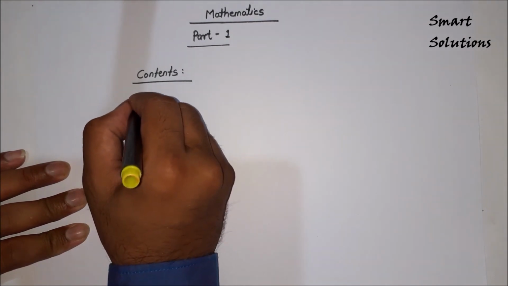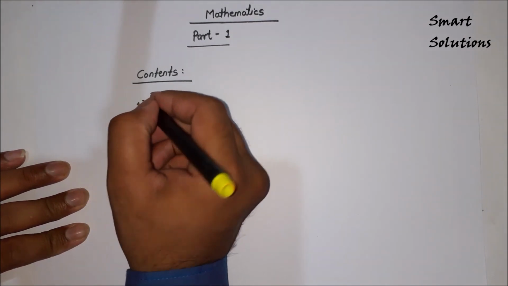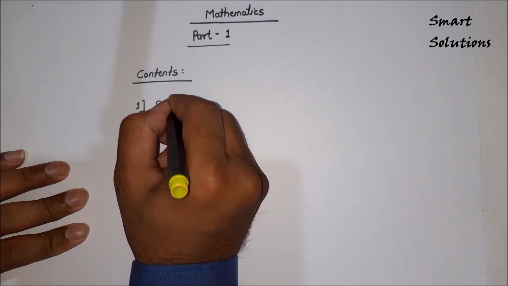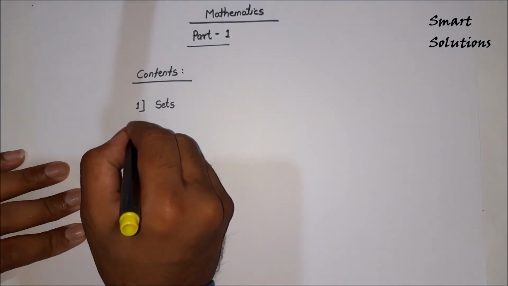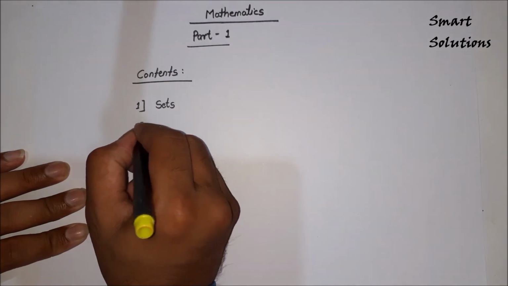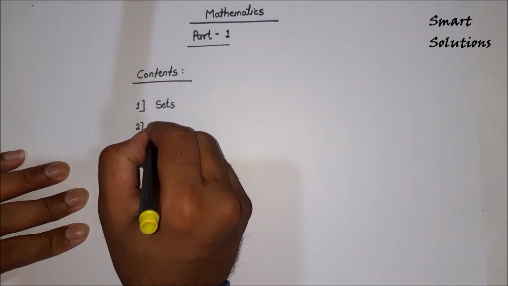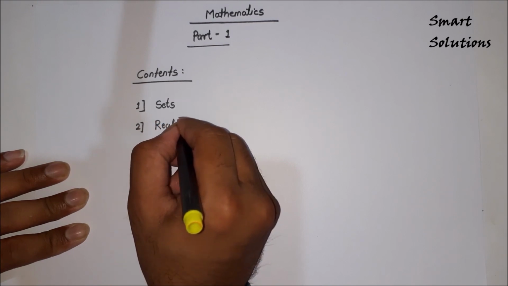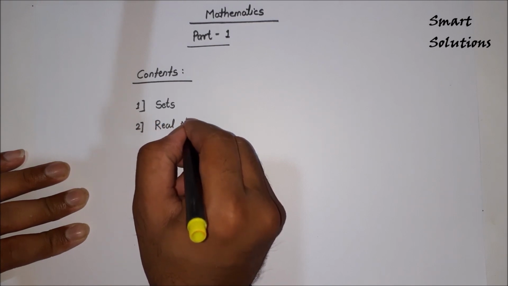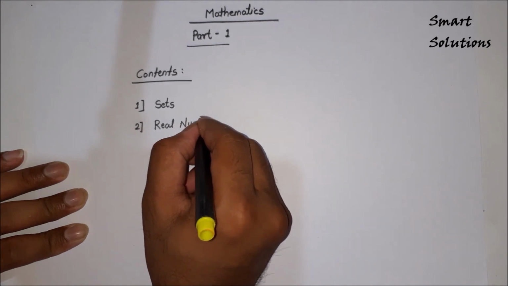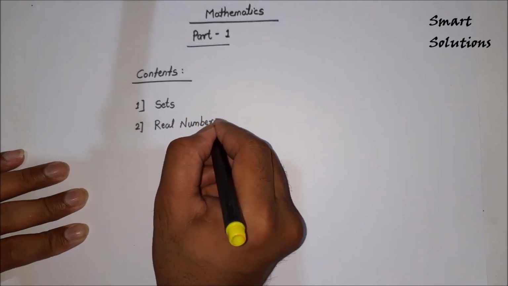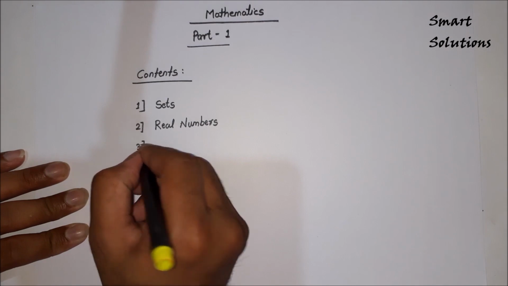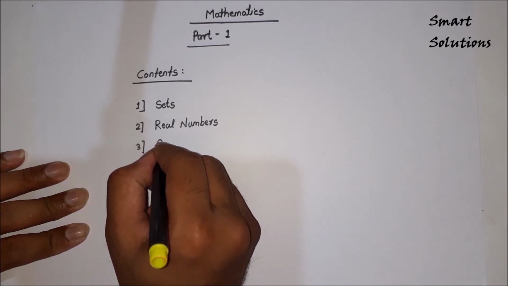So the first chapter we have is of sets. Second chapter is real numbers. Third chapter we have polynomials.